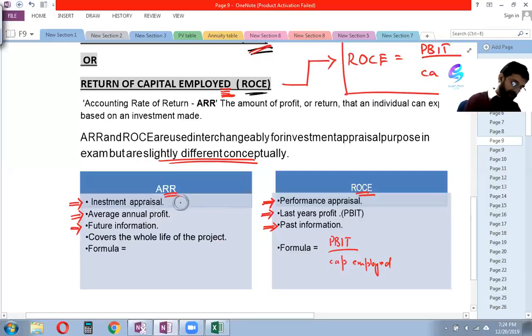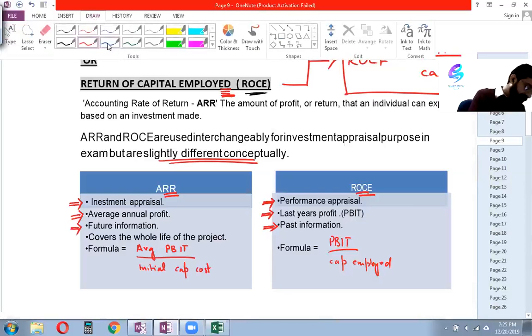And ARR will be average PBIT, right? Because it's for more than 1 year, so average PBIT divided by initial capital cost.